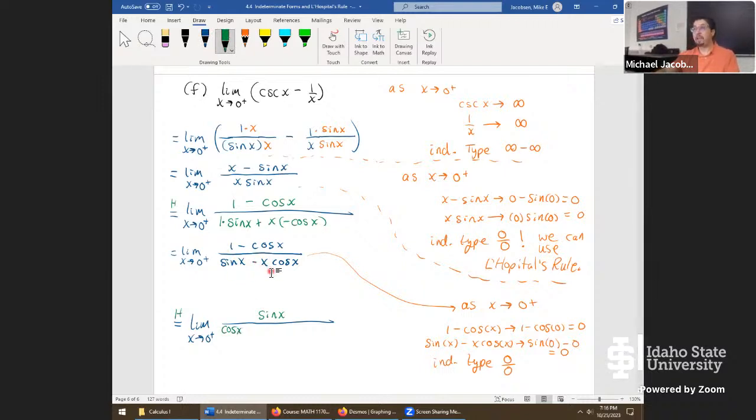And this is a bit of a pain. A whole new product rule all of a sudden right here. When I do this product rule, I'm going to think of it in this term. I'm going to let the negative x be my first term, cosine x be my second term. And here's how I would differentiate going forward. Differentiate that negative x, and we'll just get negative 1 times cosine x.